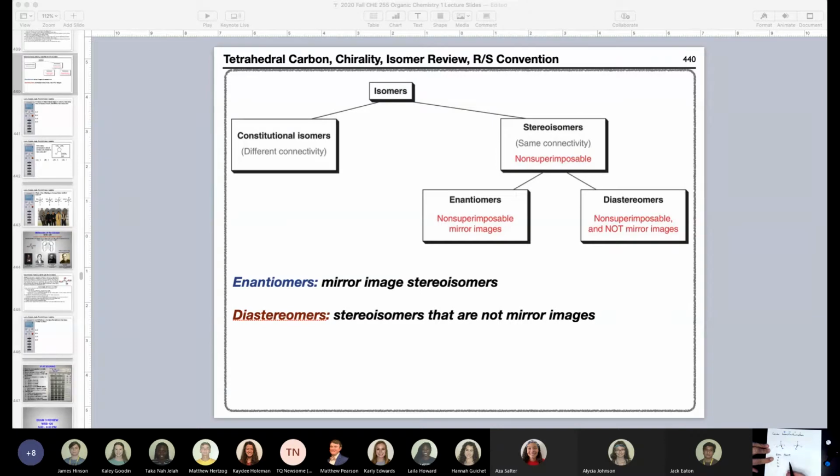H is atomic number 1. Fluorine is 9. Chlorine 17. Bromine's 35. These numbers are then related to a priority score. The higher the atomic number, the more priority that group gets.